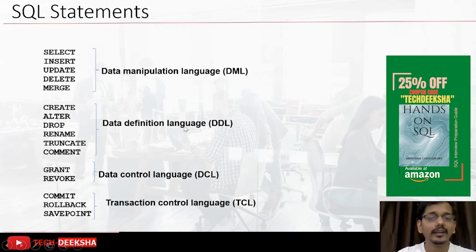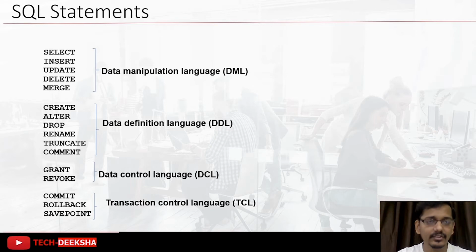Now, DDL is your data definition language. In this section, whatever objects are available in the database, like the main object of the database, which is the table, using DDL operations you can create the object of your database using create.